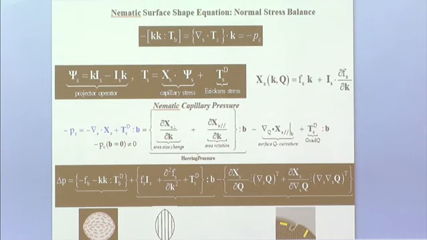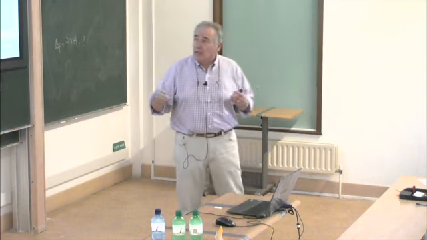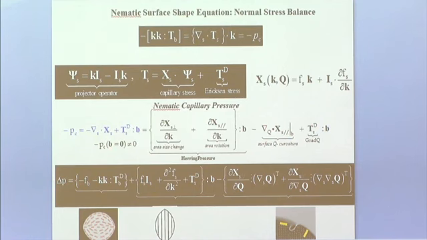But the key point is you have this term here, you plug it in right here, and you find this amazing result, that the capillary pressure is just the divergence of this Kahn-Hoffman vector, capital X. So you went from a very complicated, messy surface divergence of a stress tensor to something anybody can do, which is the divergence of a vector.